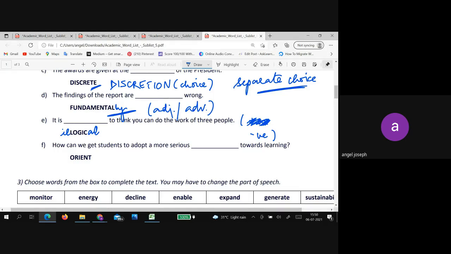F. How can we get students to adopt a more serious orientation towards learning?